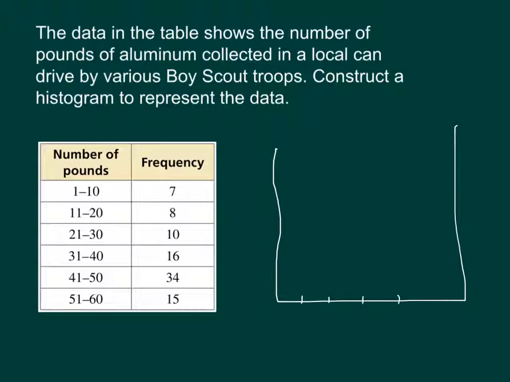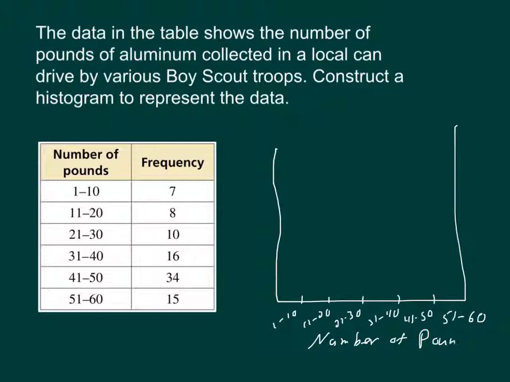Just doing my best here. And we've got 1 through 10, 11 through 20, 21 through 30, 31 through 40, 41 through 50, and 51 through 60. And this is the number of pounds is what we'd put here.